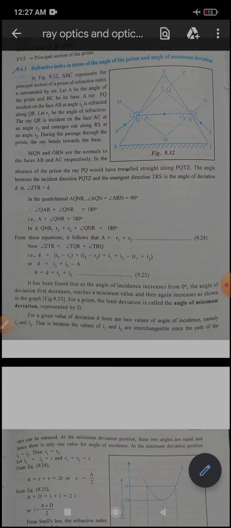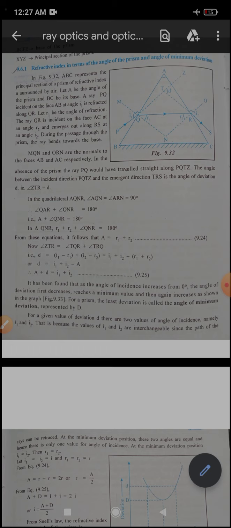Now consider the angle ZTR, which is equal to the angle TQR plus TRQ.